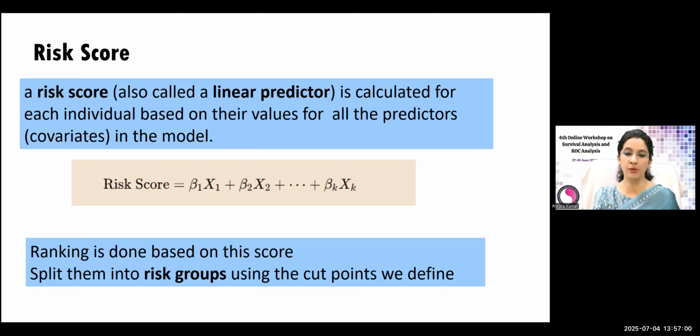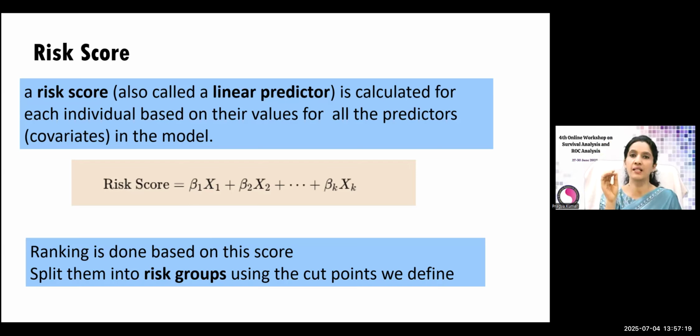It calculates with all these beta 1 x1, beta 2 x2, taking the beta 1 coefficient and the value of that particular predictor variable, and it calculates a risk score. Based on this risk score, a ranking of all the individuals is done.